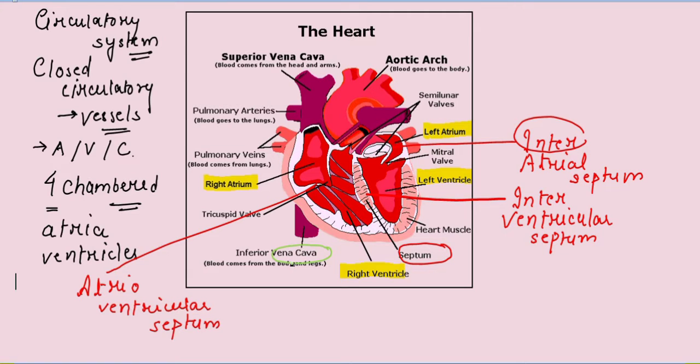Vein collects the deoxygenated blood from the body, right? Inferior vena cava collects the blood from the lower part of the body, and superior vena cava collects the blood from the upper part of the body.